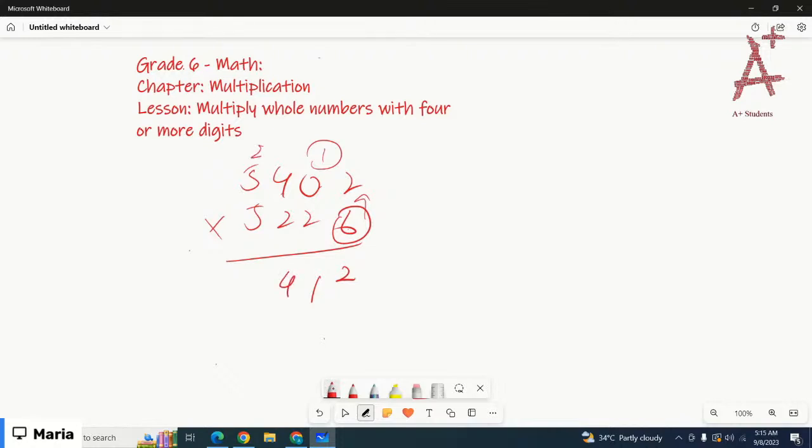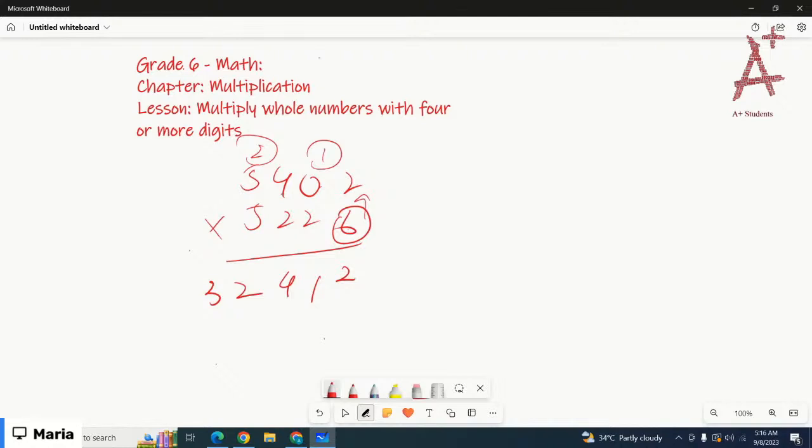Write 4 here and carry 2. 6 times 5 is 30. And you have 2 as carry, so it would be 32, right? We are done multiplying with the ones digit. We are done with multiplying 6 to every digit.